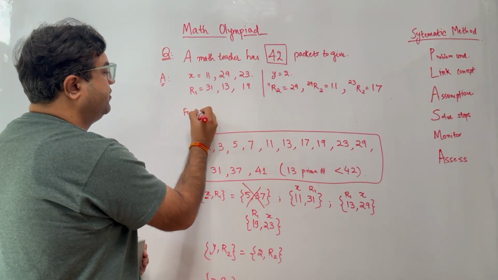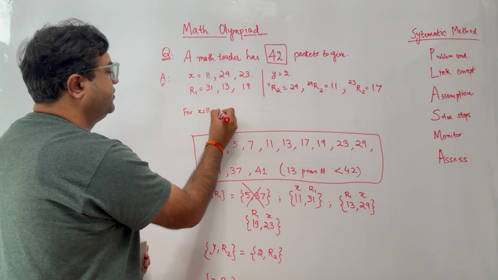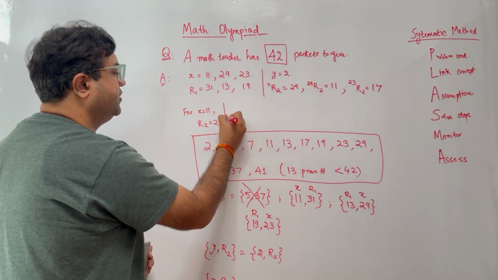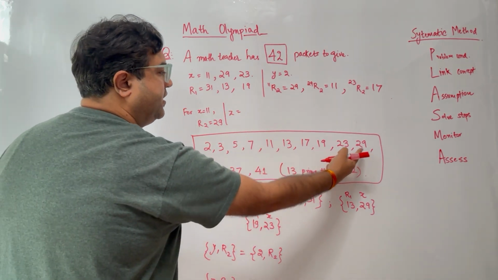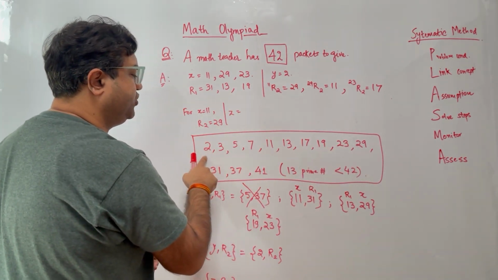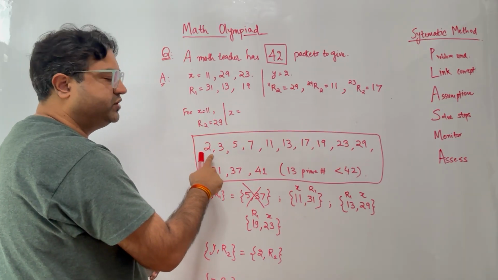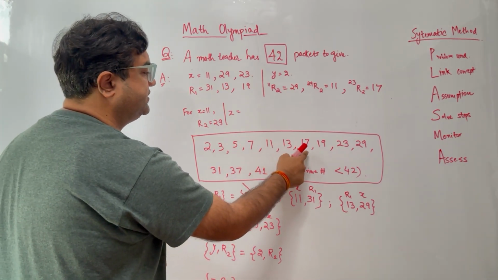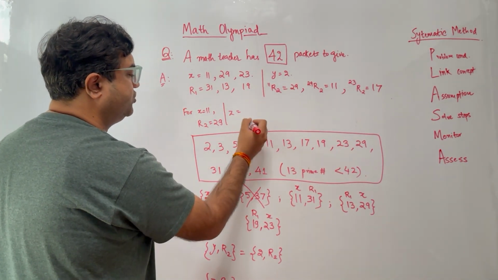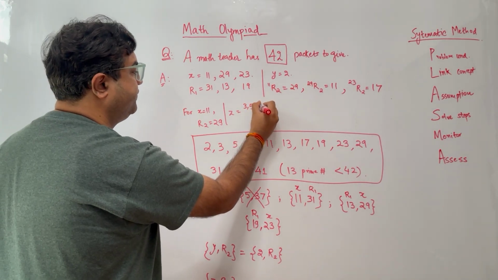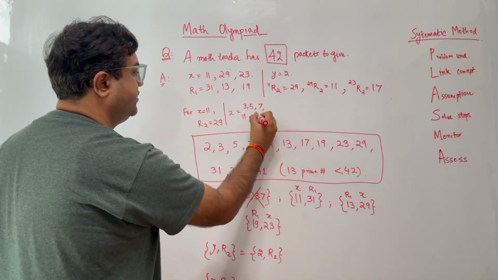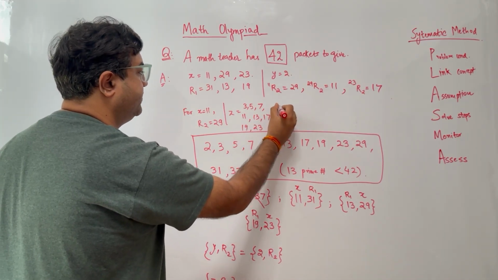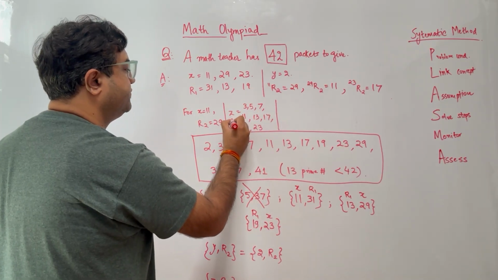For x is equal to 11, R2 is 29, so z can be all these values before 29 except 2, because if z is 2, then R3 will become odd. So 3, 5, 7, 11, 13, 17, 19 and 23. So 8 values.